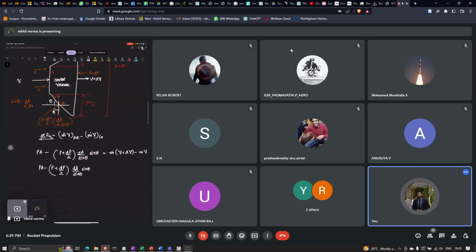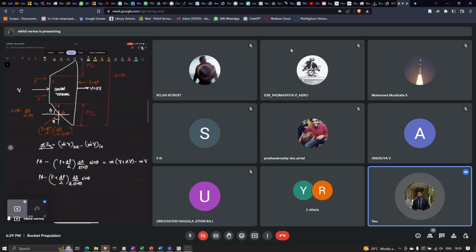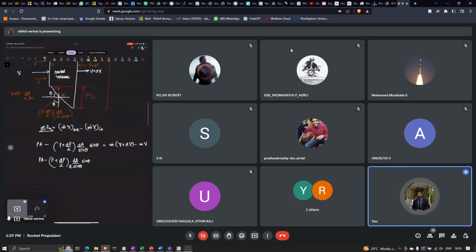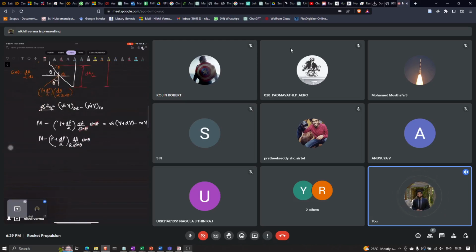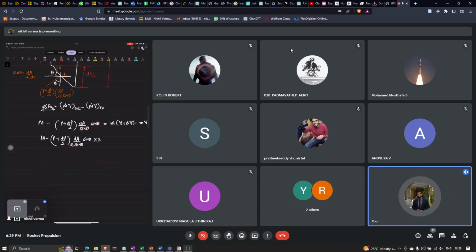We were having half, right? This is from the bottom surface. Similarly, we'll be having from the top surface also, right? So we can multiply it with 2. So this 2 goes off, sine theta goes off, and you will have PA minus P into dA.